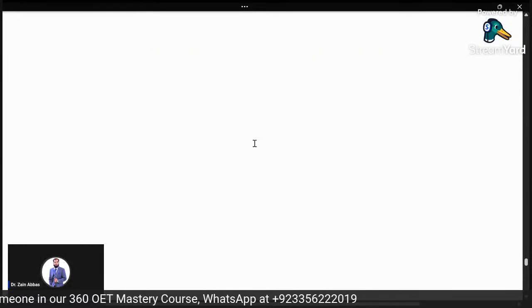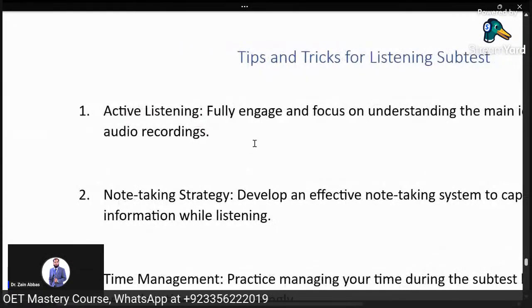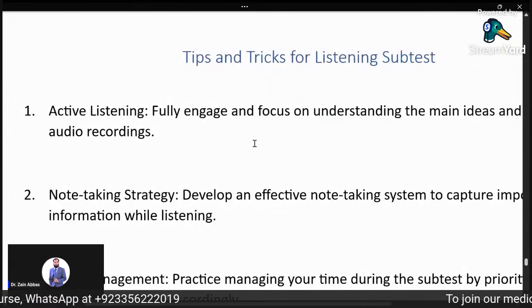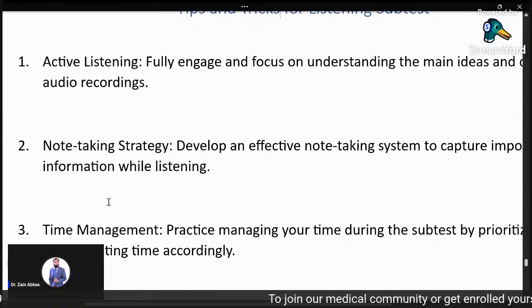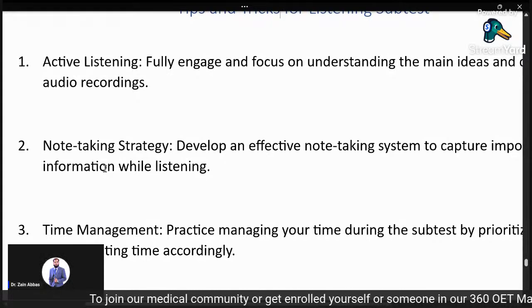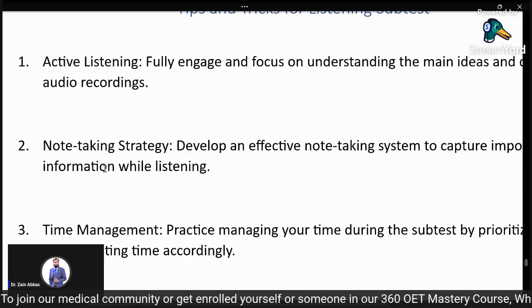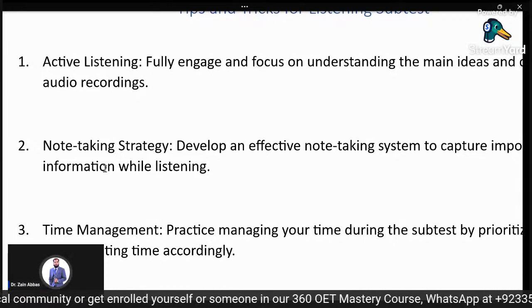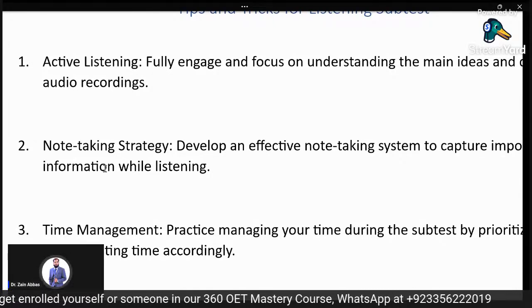Let's start the next point, that is the note taking strategy, and this is a good strategy that can save you many times. How can you apply it? In your listening subtest, there are two parts of the whole scenario.